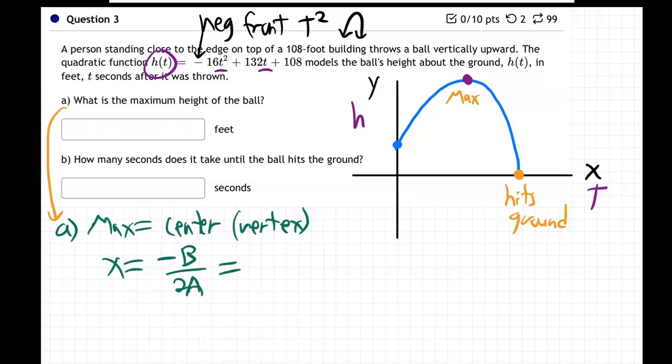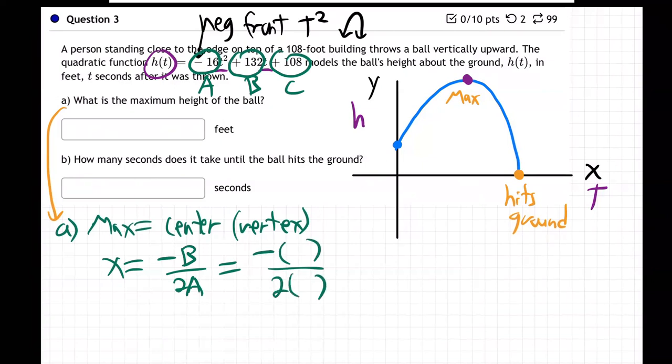Now, what do we mean by b and a? Well, we mean this right here. This is a, this is b, and this is c. A, b, and c are the numbers in front of t squared, t, and no t. So here we go. It's going to be negative, and I'm going to plug in b over 2, and I'm going to plug in a.